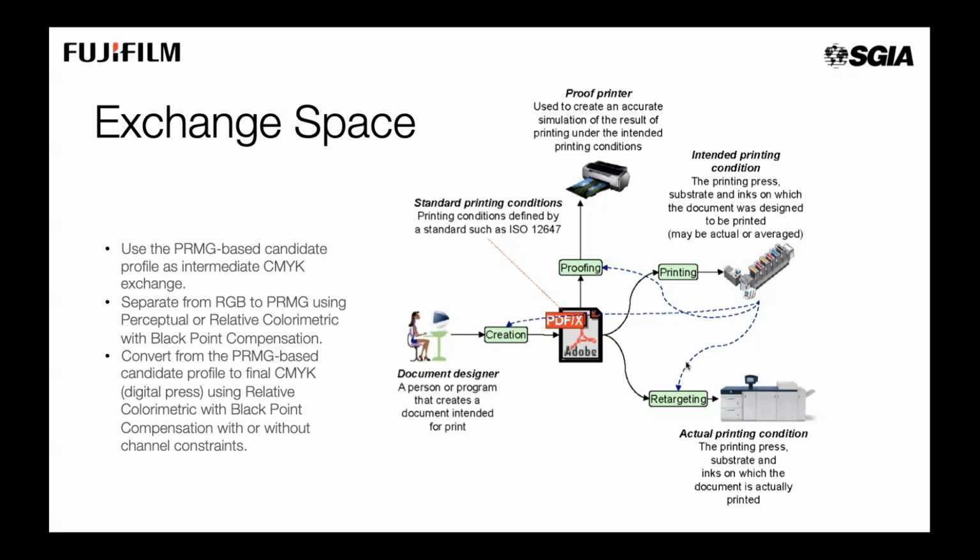What this does is guarantee that we have a similar visual look. It can guarantee that we have a nice neutral print if we apply this, because this PRMG profile has also been gray balanced. And we know we've got a similar visual look on whatever device we're printing it on.